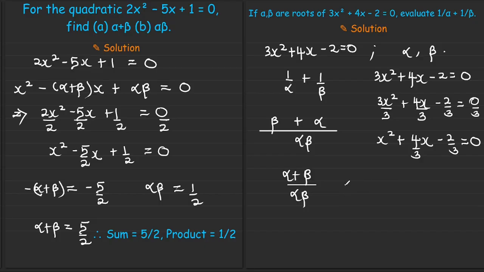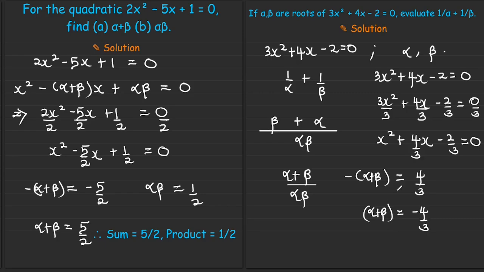And we said the negative of alpha plus beta is equal to the coefficient of x we have here. So that is 4 over 3. If you make alpha plus beta the subject, then alpha plus beta is equal to negative 4 over 3.